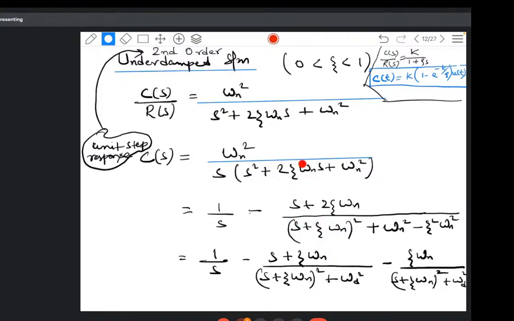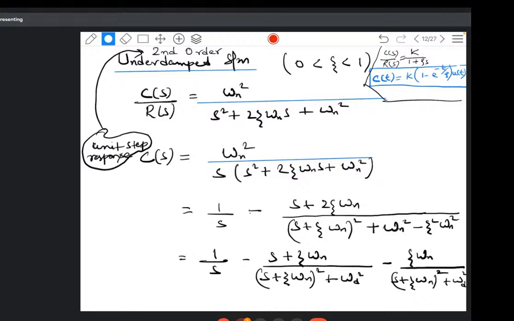So this and this are already available, but zeta square omega n square is not available, so I'll do minus zeta square omega n square. Also, this part was not there, so I'll do plus omega n square. So what I am getting here is 1 by s minus this part minus this part.